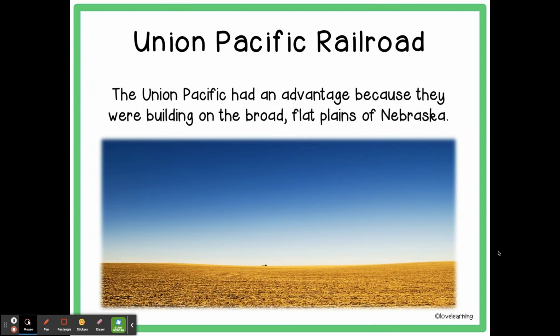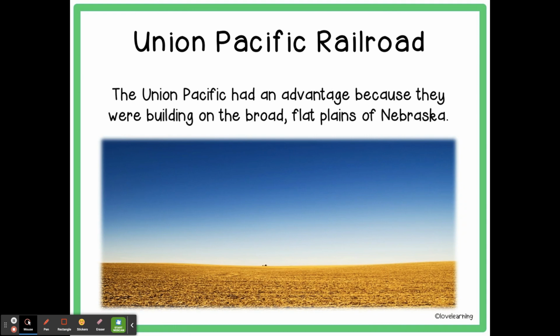So the Union Pacific had an advantage because they were building on broad, flat plains of Nebraska. This is why we saw that blue line looking a little bit bigger than the red line. So what you need to note in your notes here is that the UP Railroad company was working on flat land.